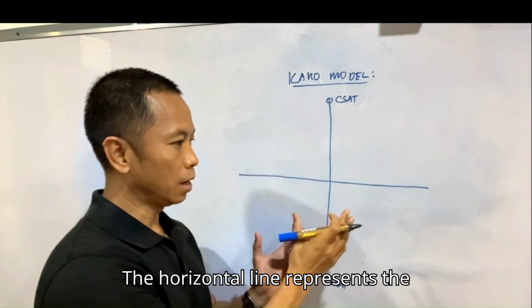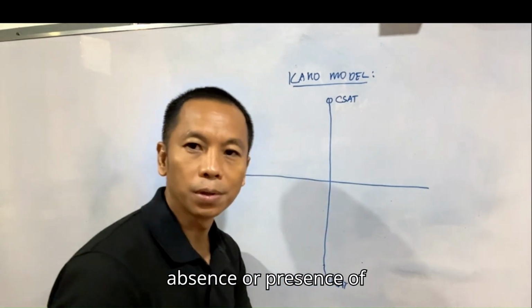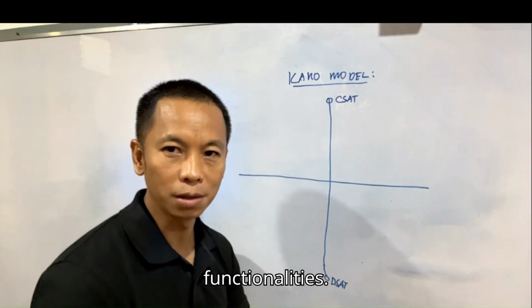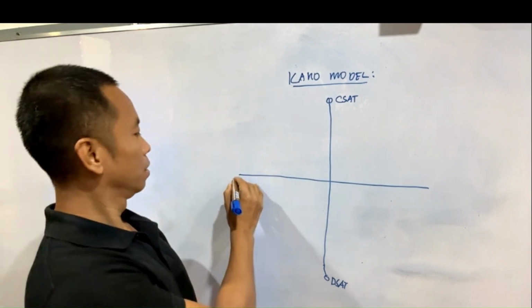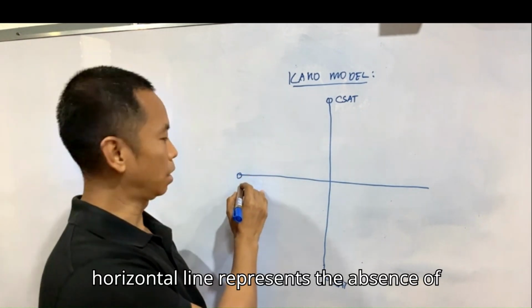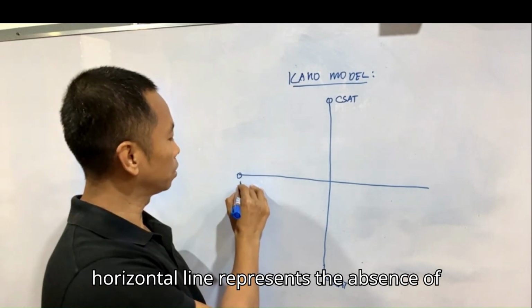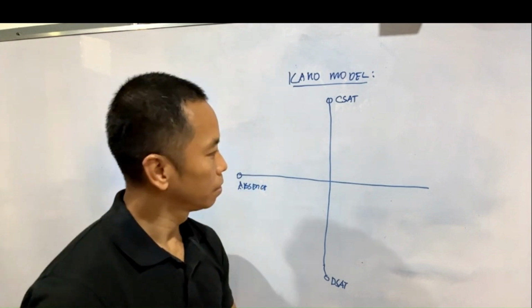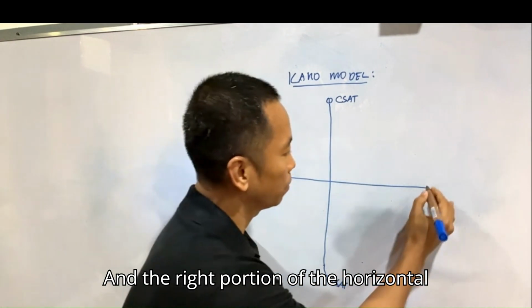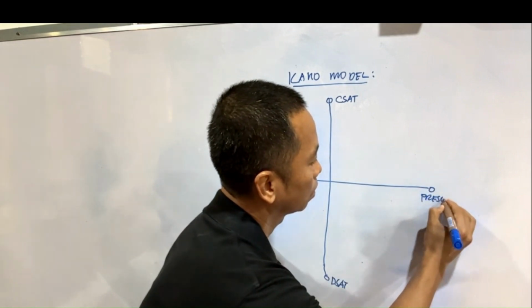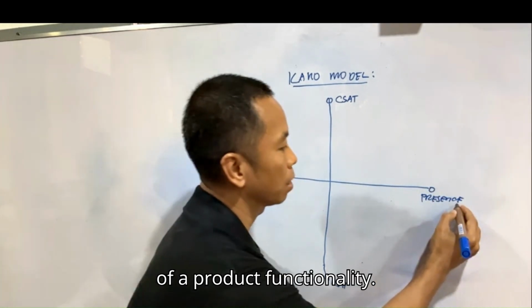The horizontal line represents the absence or presence of functionalities. The left-hand side of the horizontal line represents the absence of a functionality, and the right portion represents the presence of a product functionality.